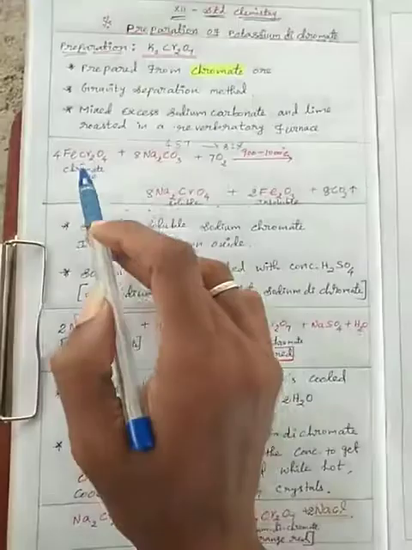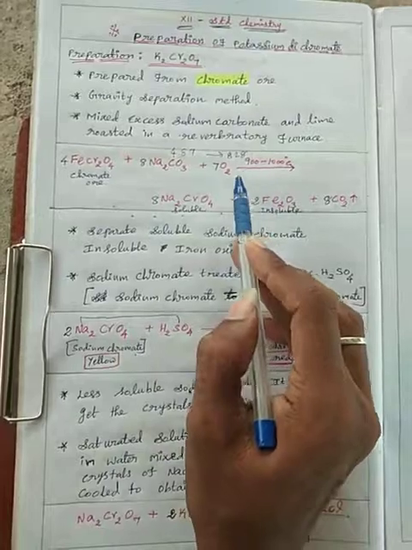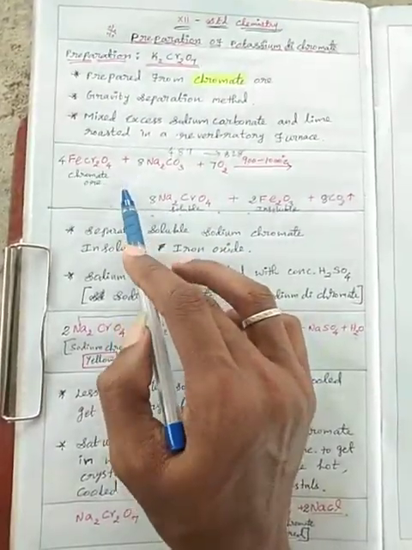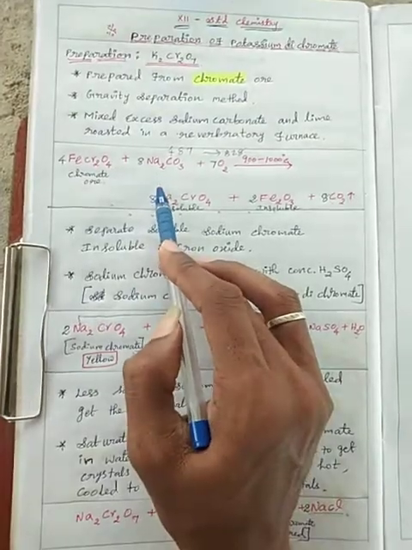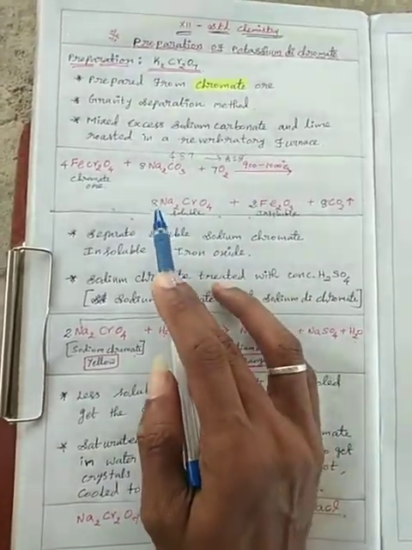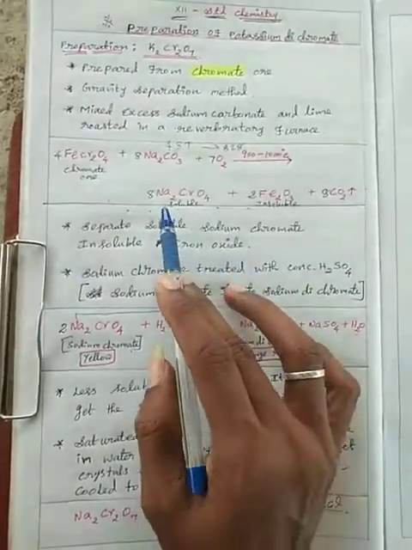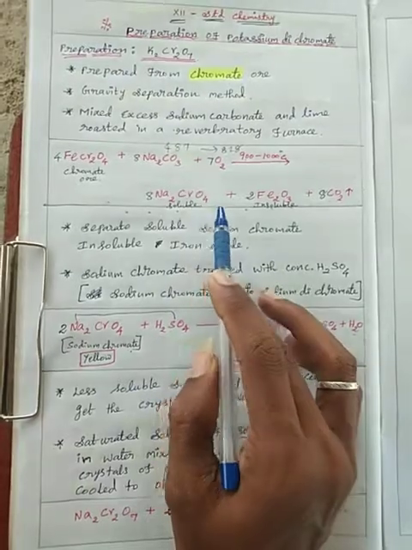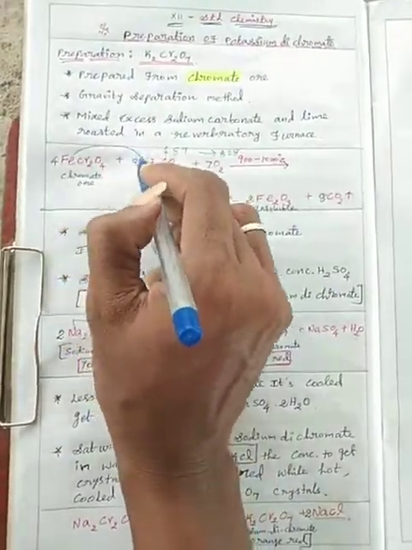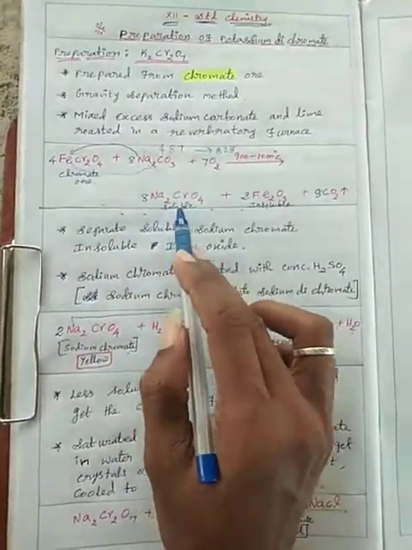Chromite ore, sodium carbonate, oxygen: 4, 8, 7. 4 chromite ore, 8 sodium carbonate, 7 oxygen molecules. On the product side, 8 equals 8. Only the position of the sodium changes, but the value is very important.